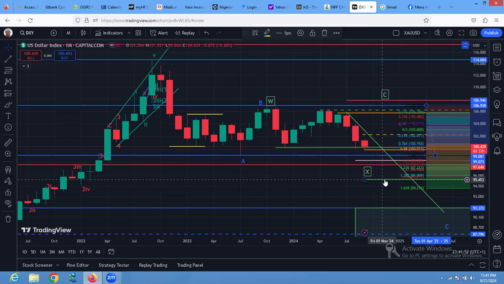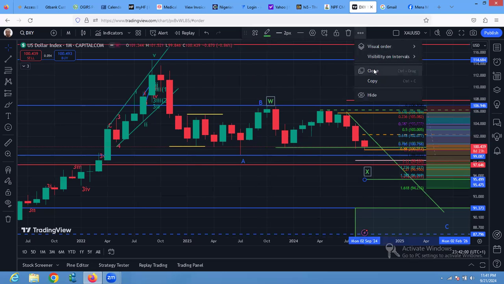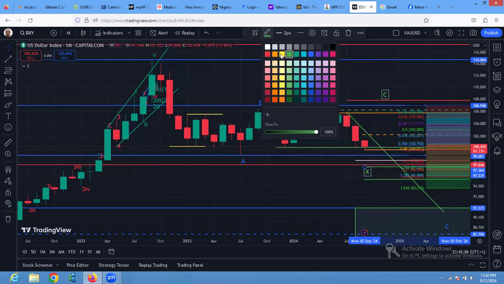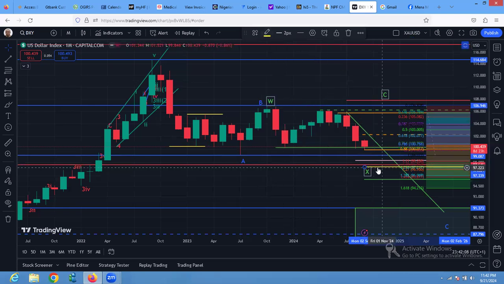We expect this at this level of 123. Let me try and use a yellow, because we had used yellow here. So 123 is at this level.